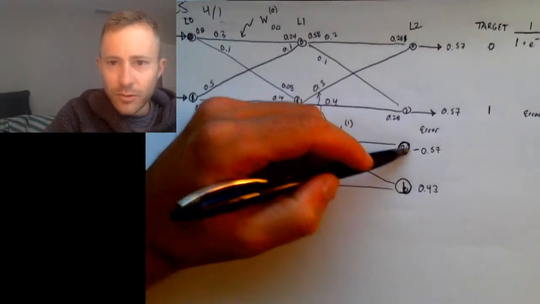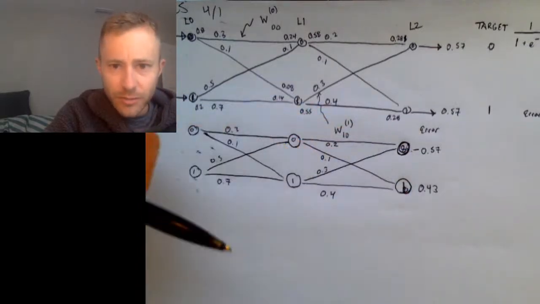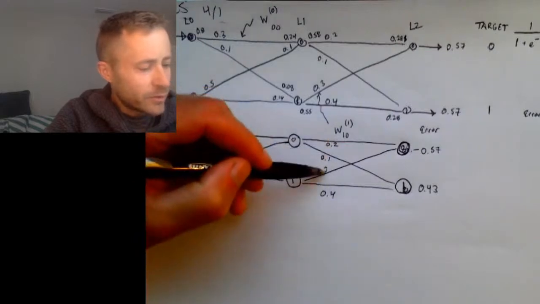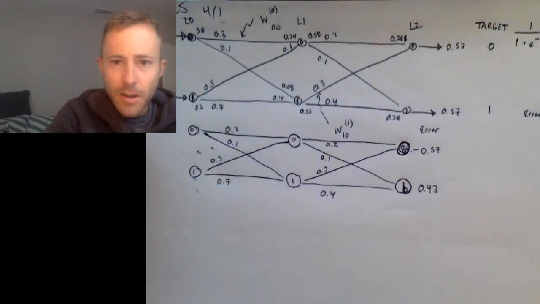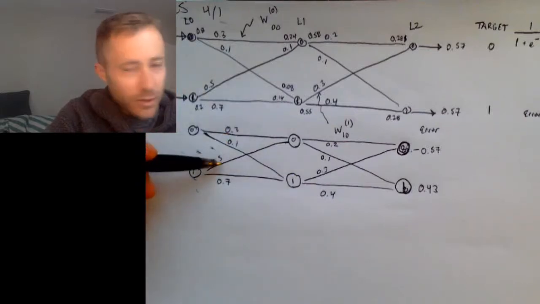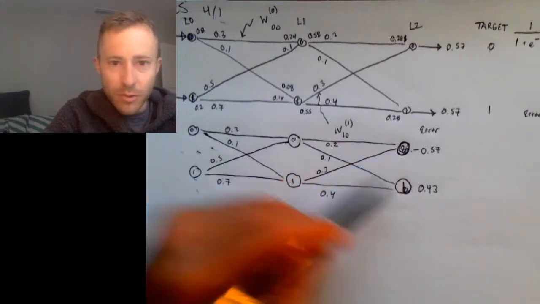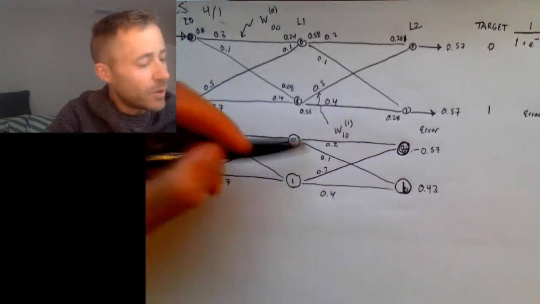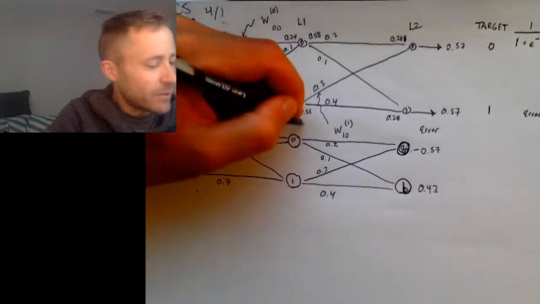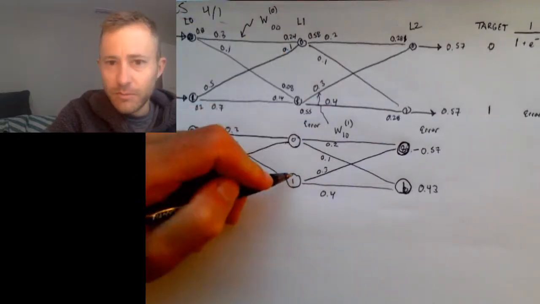So we can use these errors to adjust these 4 link weights. Okay? But we also want to adjust these 4 link weights. So we need to carry this error backwards through the network and see what is the effective error for these 2 neurons. Okay?